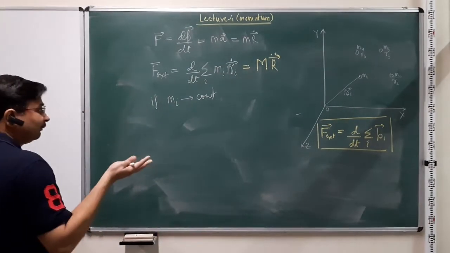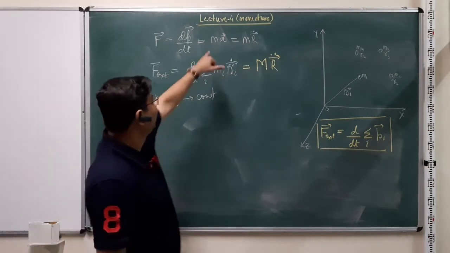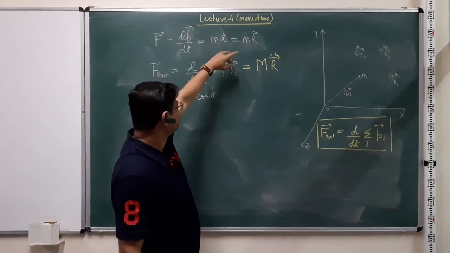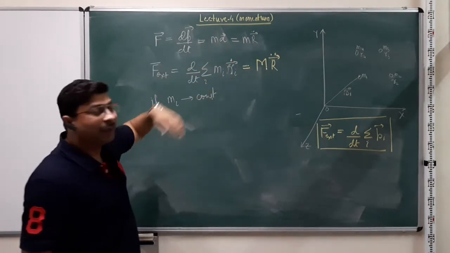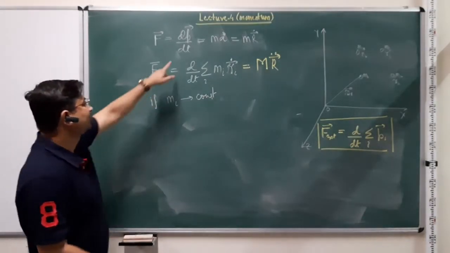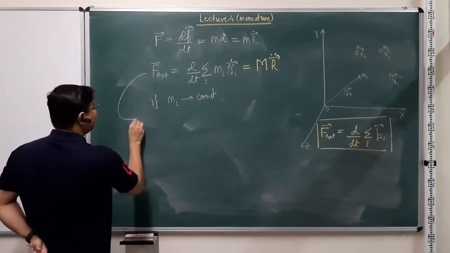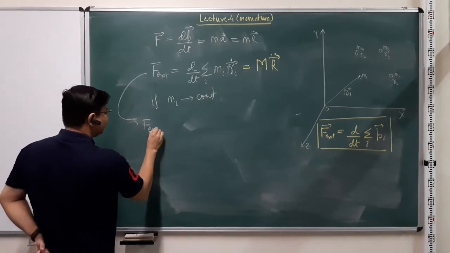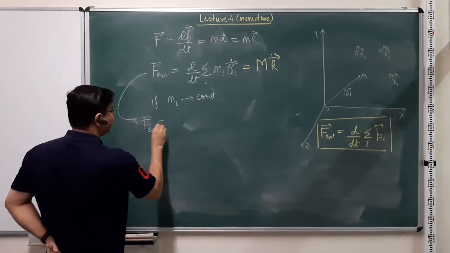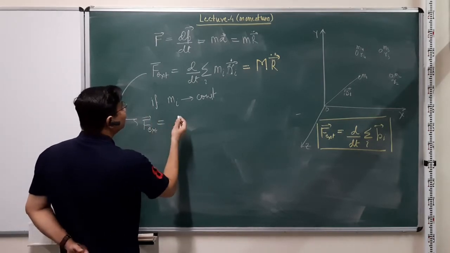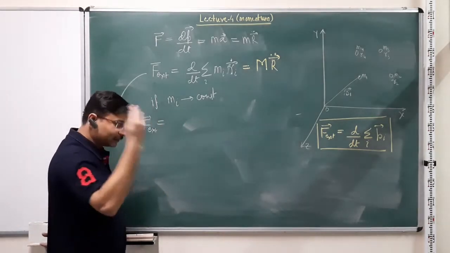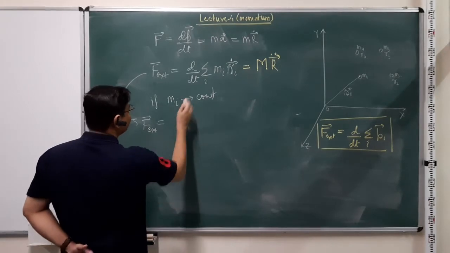We know that ma is only truly valid if the mass is a constant; otherwise, the earlier equation is the accurate one. Sometimes I'll just drop the external label, because we established that only the external forces act.